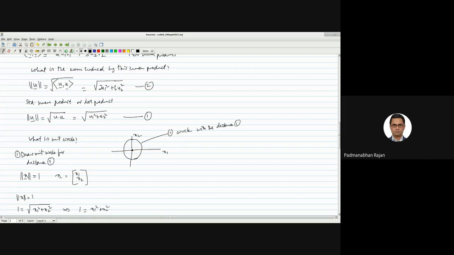How will it look? What will be the intercept here? It's going to be 1. This also it's going to be 1.